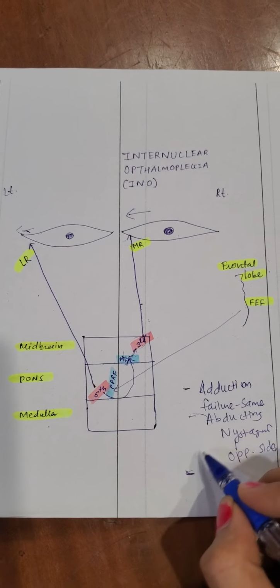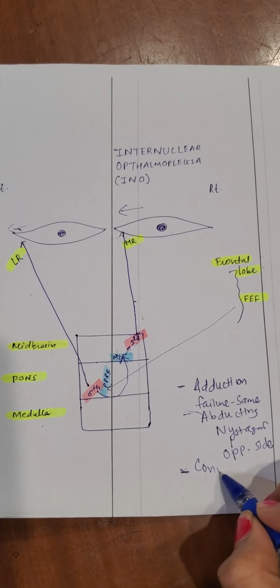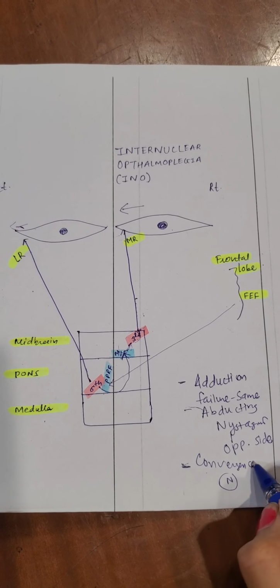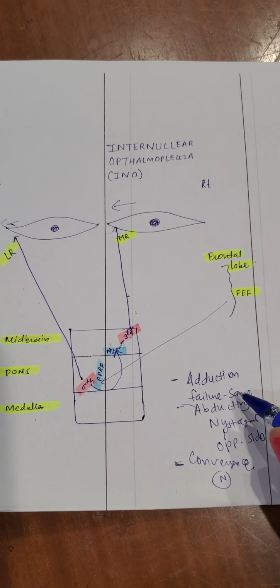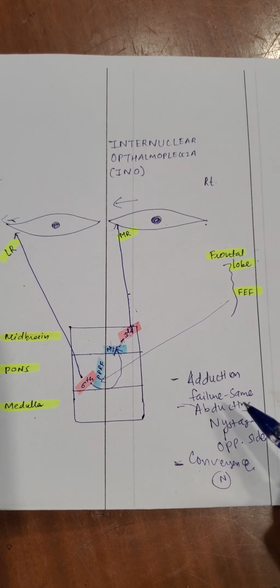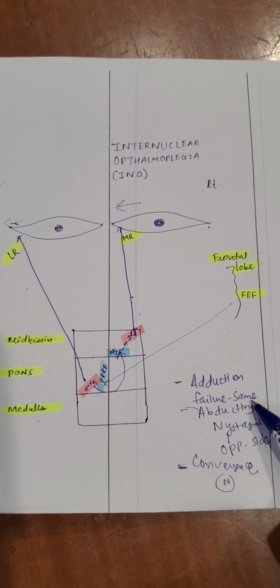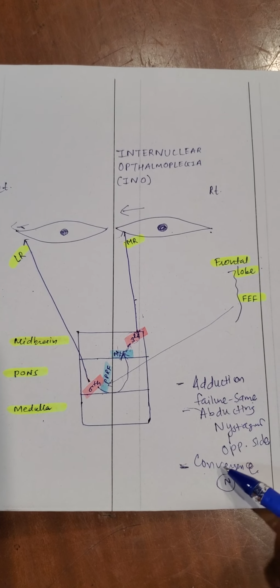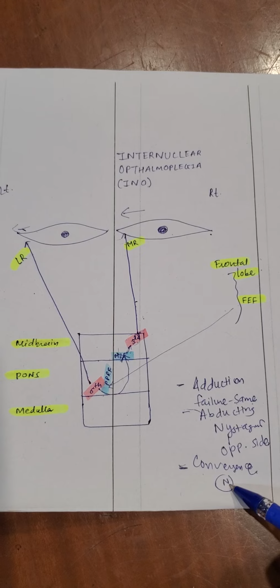So convergence is normal. So the right side INO will have the adduction failure on the right side, abducting nystagmus on the left side, and the convergence will be normal.